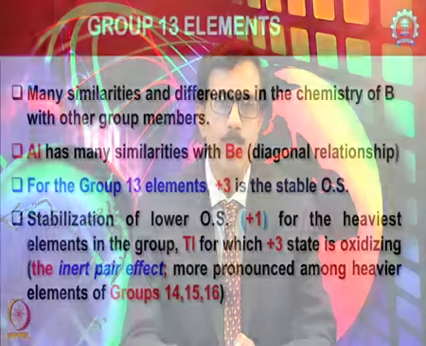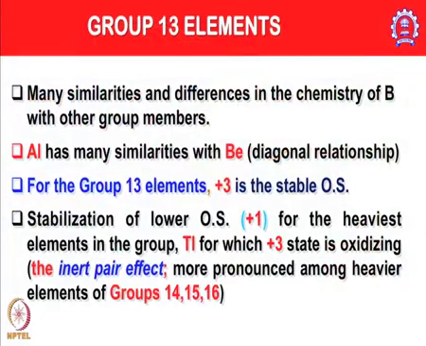Stabilization of a lower oxidation state is seen only for the heaviest element, thallium, and +3 state compounds of thallium are highly oxidizing, meaning they have a tendency to get reduced to the thallium +1 state to retain the s electrons in place. This is called the inert pair effect, and I will elaborate more about it later.